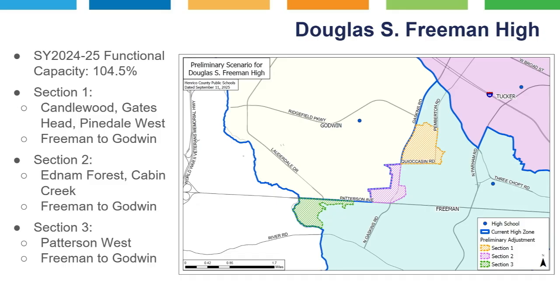Section 1 is the remainder of Pemberton Elementary School, which is currently split between Godwin and Freeman. Most of Pemberton goes to Godwin. It's that section 1 that goes to Freeman, and about a third of that section is actually the building of Quioccasin and Pemberton.